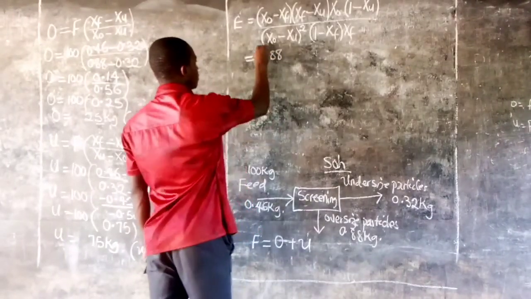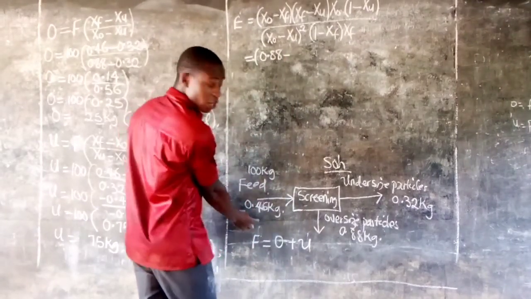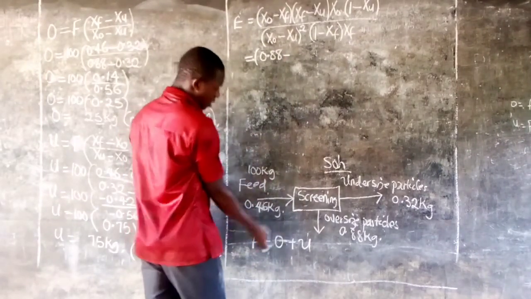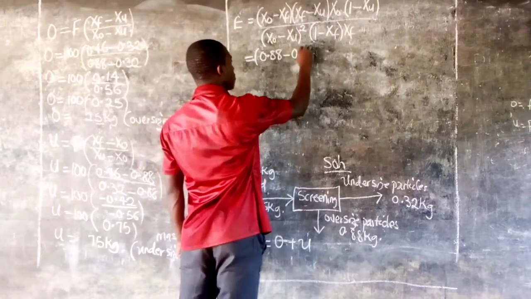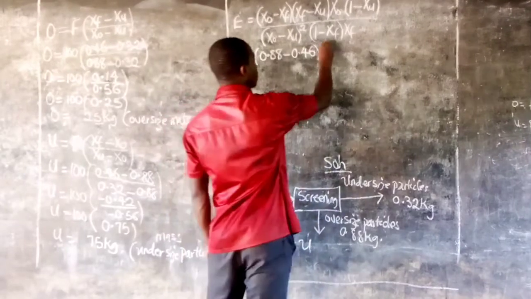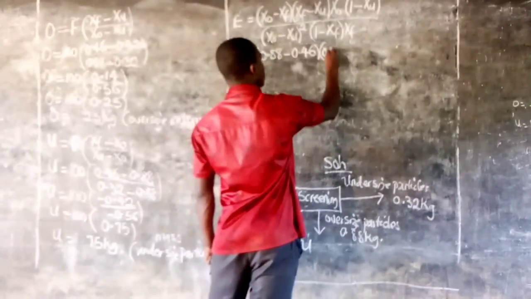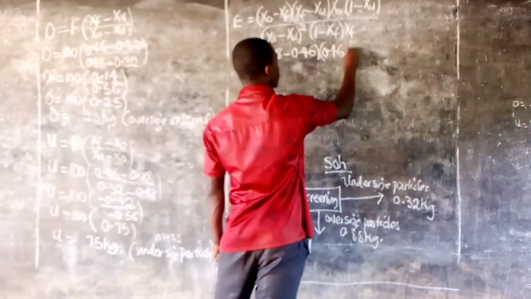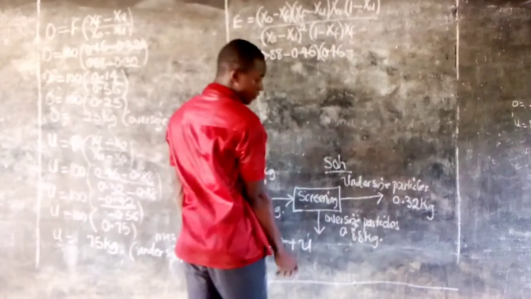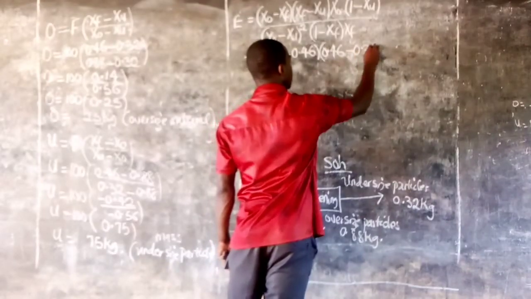So we have that the mass fraction of the oversized material is 0.88. Then minus the mass fraction of the feed, and that is 0.46. Close the bracket. Then bracket the mass fraction of the feed, which is 0.46, minus the mass fraction of undersize, which is 0.32.